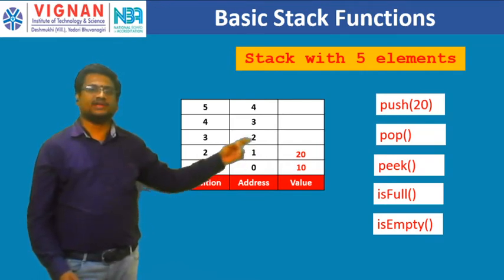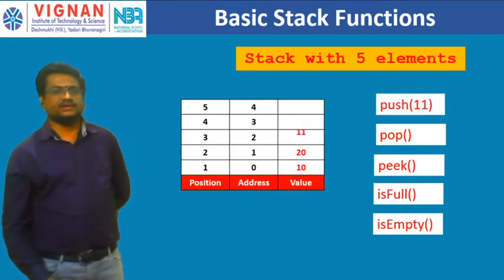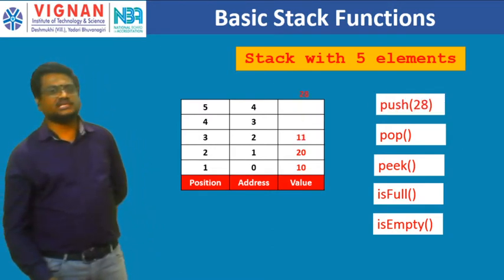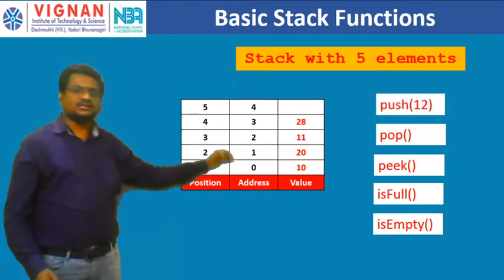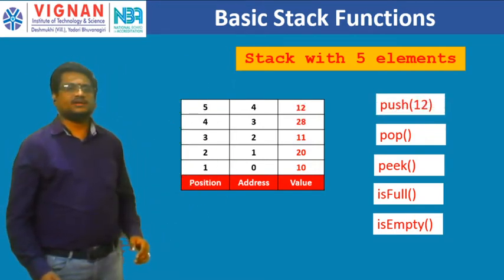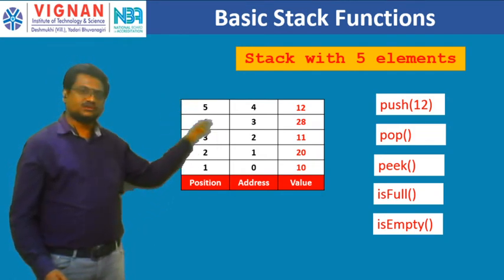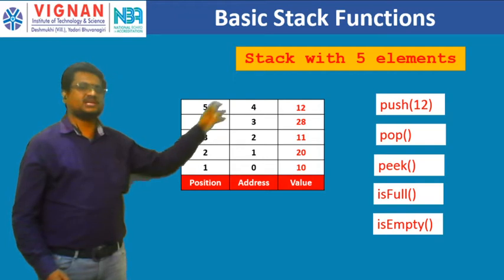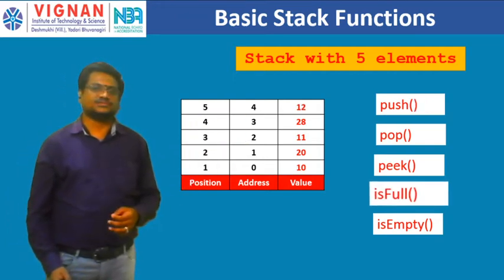So in 0 we have 10, in 1 we have 20. Similarly next I inserted 11, it goes to the third position. Next I inserted 28, the same process. Everything comes from the top, and it will be stored at the topmost available address space.